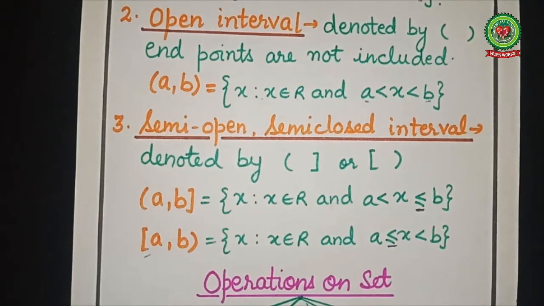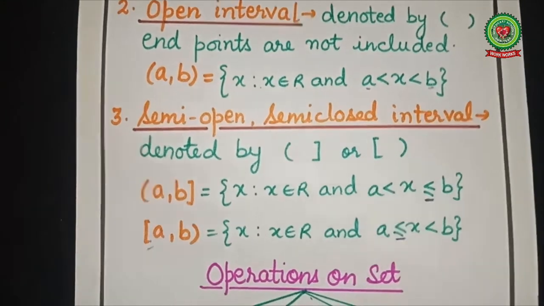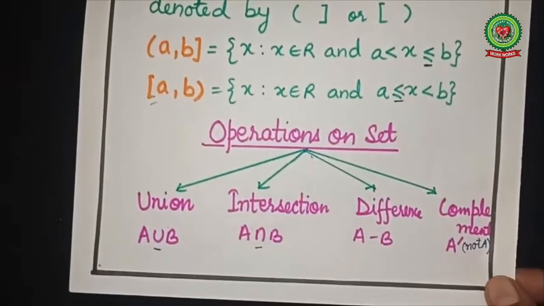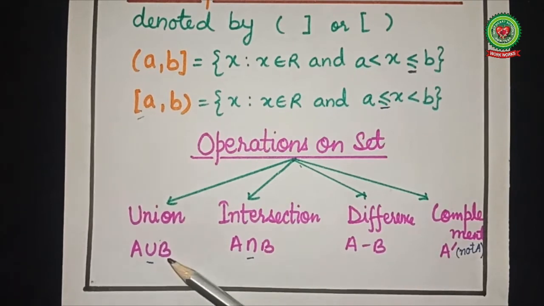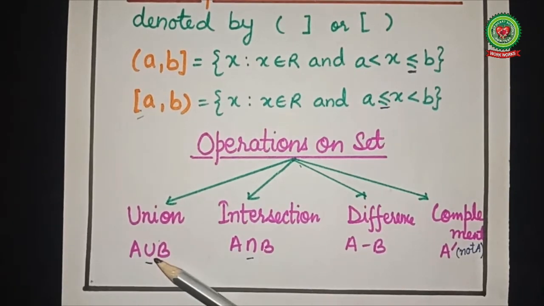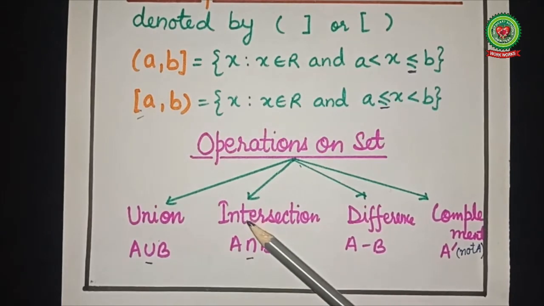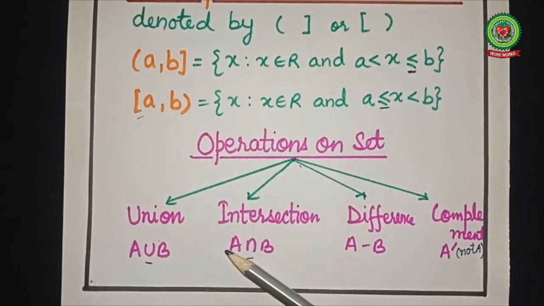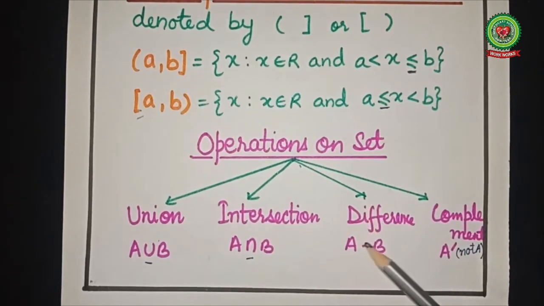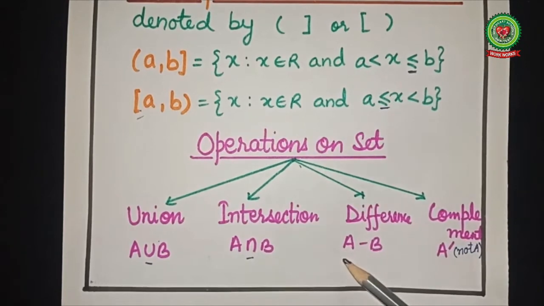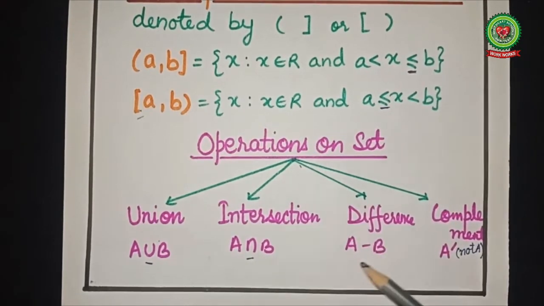Now next is the operations on sets. Different types of operations are there that you have already done in the junior classes. First is the union, that is denoted with A union B. Second is the intersection of sets, that is A intersection B. Third is the difference of the sets, that is denoted with A minus B or B minus A. And the last one is the complement of a set.